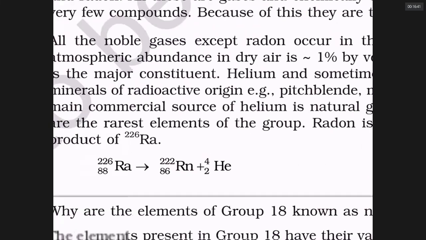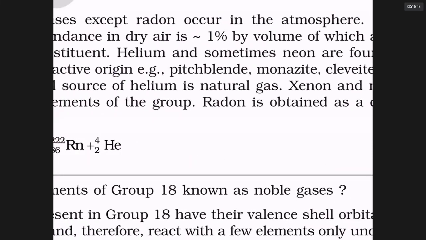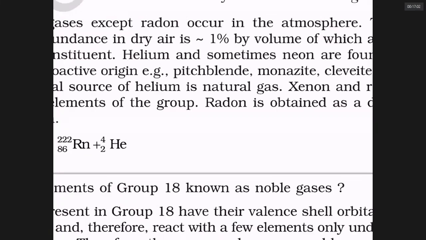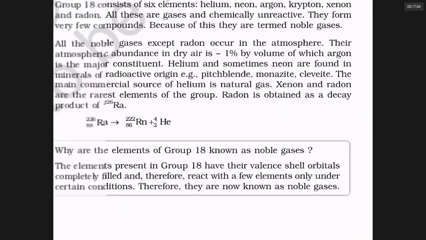Notice their names are given by some related terms. Helium's name was given from Helios, because on a solar eclipse day, the helium gas was first identified in the sun. Hence, the sun was known as Helios. Neon means new.